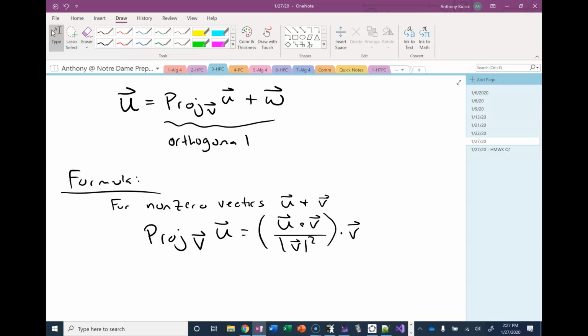Okay, so v is the destination, and u is the vector you're projecting onto that destination. Does that answer your question, Andrew? Yeah. Okay. So the v is a subscript, the u is regular inline. If you want to put a parenthesis around it to make it look more like an operation, you're welcome to do that. That's not incorrect notation. I probably won't, because it's not really standard, but it's not incorrect. Okay?